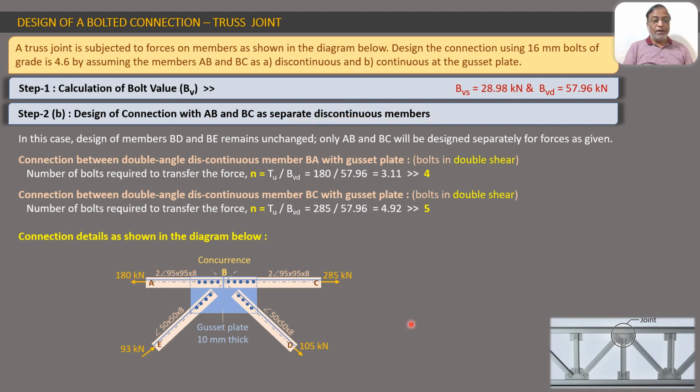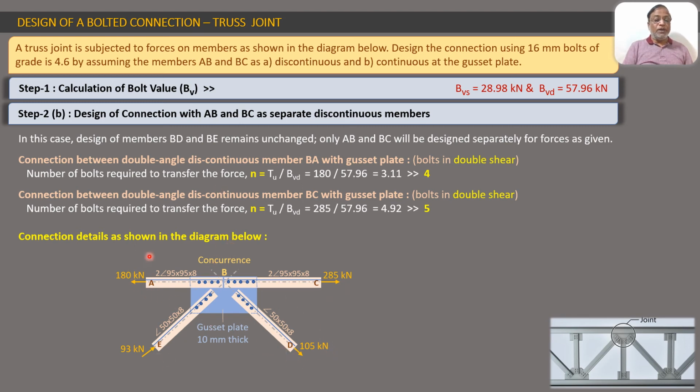So if we look at this diagram here, we will see AB and BC to be broken in between. We see the small blue portion of the gusset plate in between, which means that AB and BC are discontinuous. Now when they are discontinuous members, AB becomes a separate member, BC becomes a separate member. So they become similar to these BE and BD members.